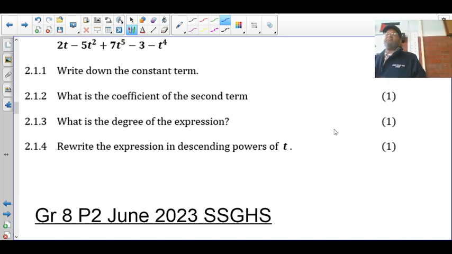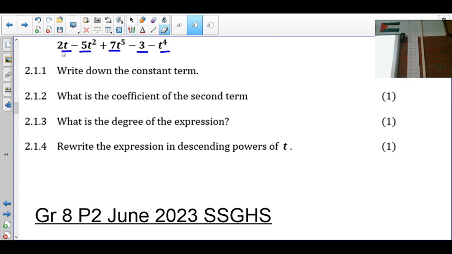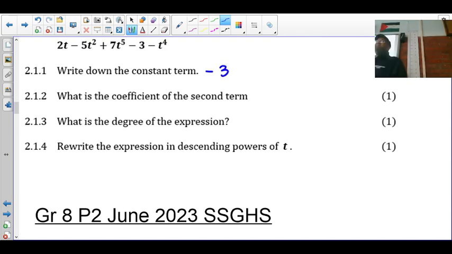Not the constant, the constant term, the whole term. There are 5 terms. The constant term is the term that has no variable, which is negative 3. Remember that the negative is part of the term. If you had written 3, you would have gotten the sum wrong.